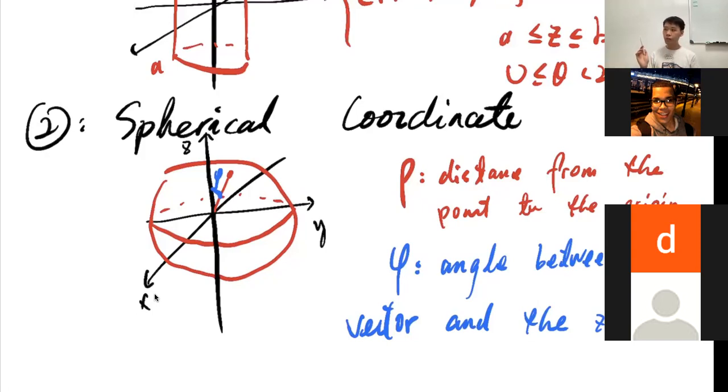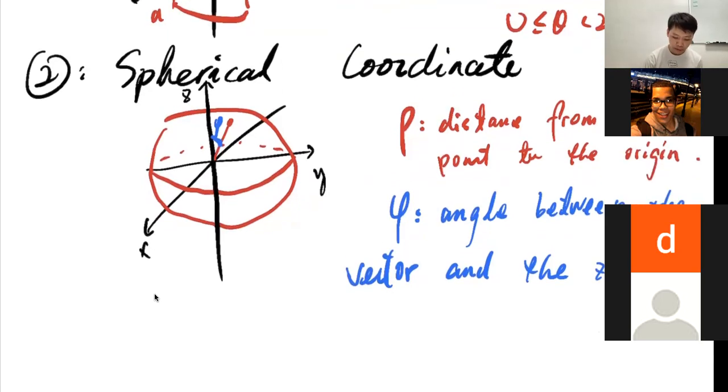For example, if Beijing and New York have the same latitude, these two points will have the same phi and rho, but they are not the same place. If you only tell people your phi and rho, they don't know what specific location you're on. So you need one more piece of information to distinguish the points.